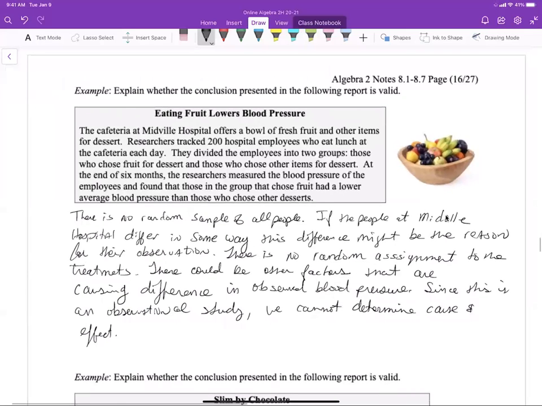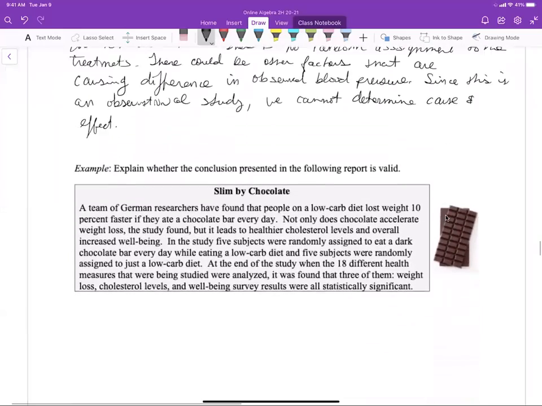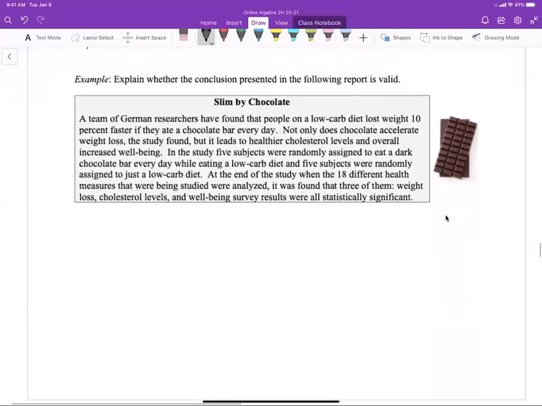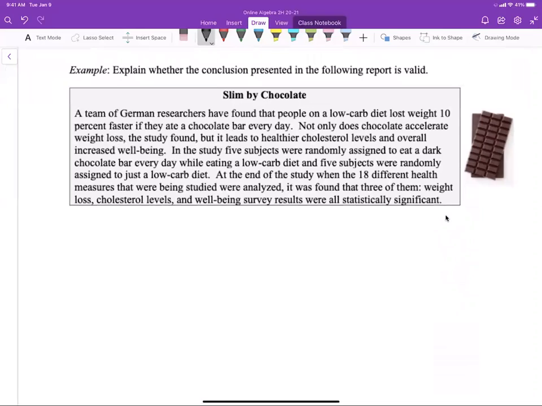All right, let's do another one. And evidently, this was actually a true study and data was presented as if this actually was true. So explain whether the conclusion presented in the following report is valid. Slim by chocolate. A team of German researchers have found that people on a low carb diet lost weight 10% faster if they ate a chocolate bar every day.